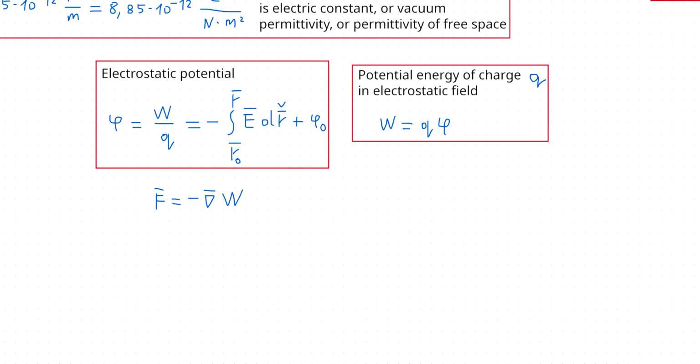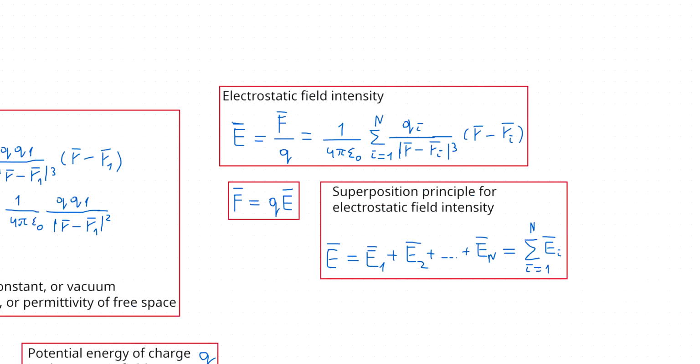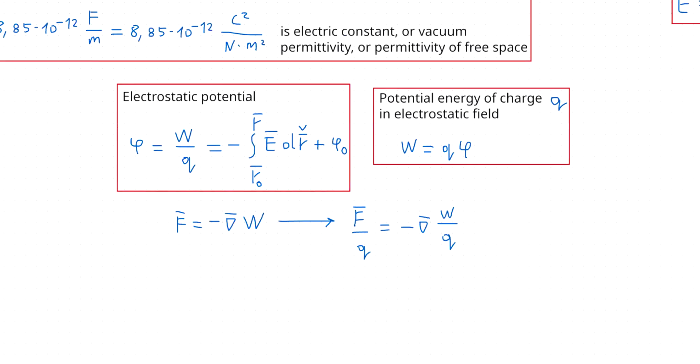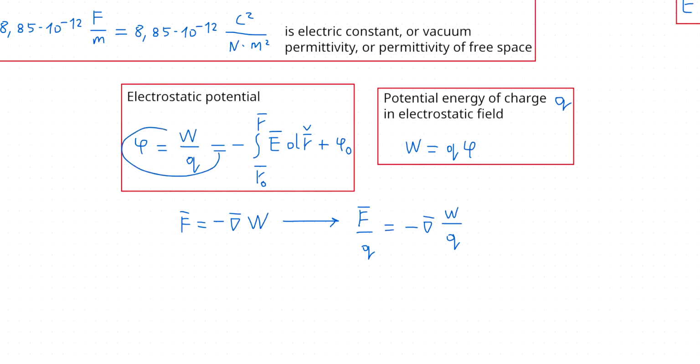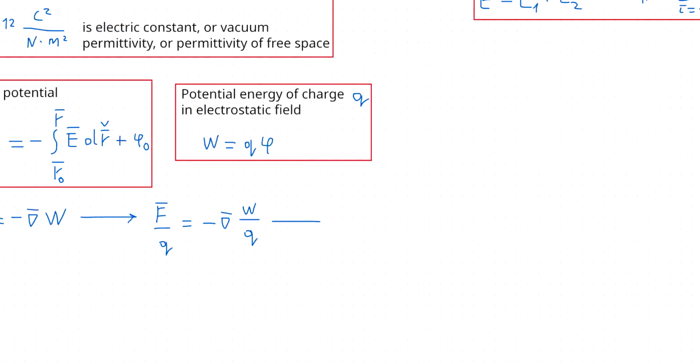And if we divide left and right sides by charge q, it will be minus gradient of W divided by Q. And if we use this definition of electrostatic field intensity and the definition of electrostatic potential, W divided by Q is equal to phi, we will get that electrostatic field intensity is equal to minus gradient of electrostatic potential.